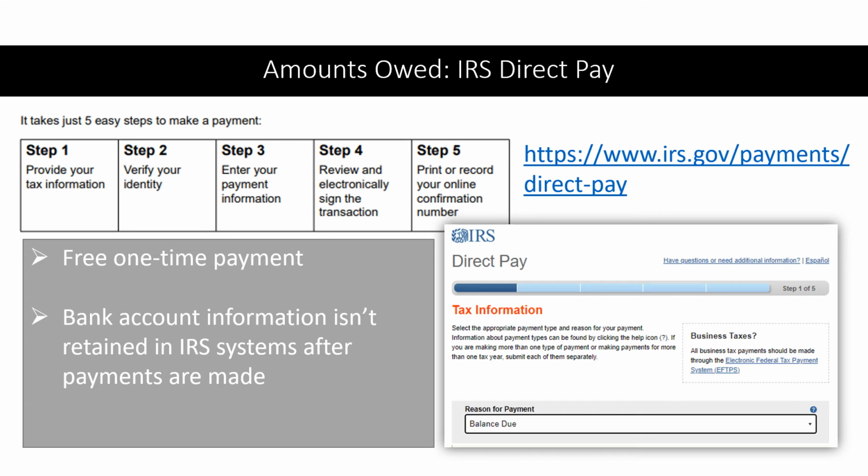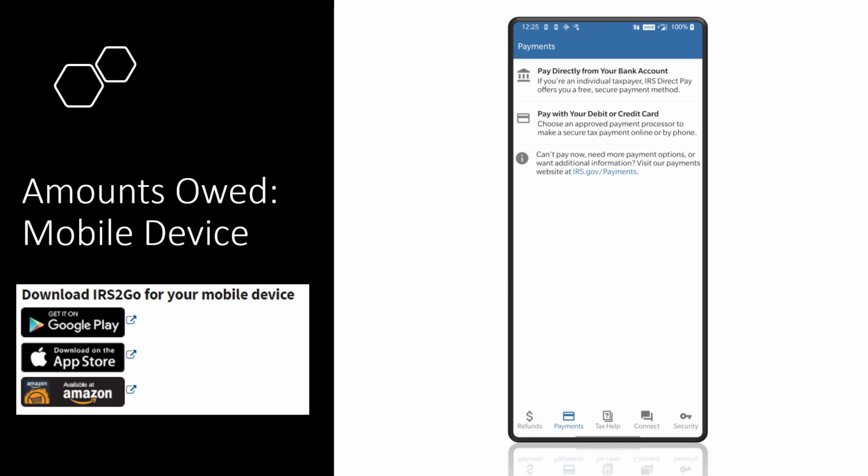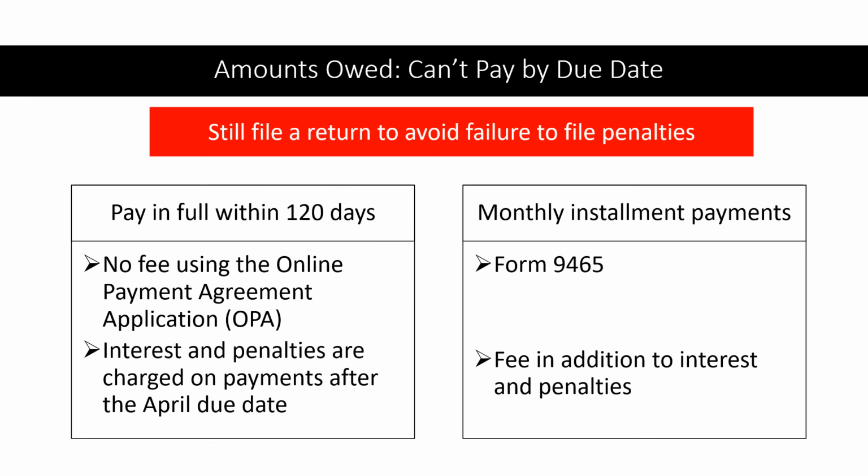They might want to check their tax account a little while after doing this to make sure that the payment was applied. But this is also a free method for paying an amount due. And then the IRS has a mobile app, IRS2Go. So taxpayers can download this app, and you can see here that there are ways to make payments through the app, so they can just do it on their mobile device.